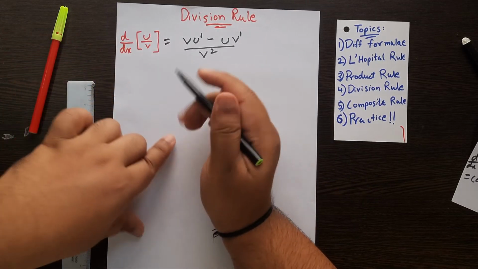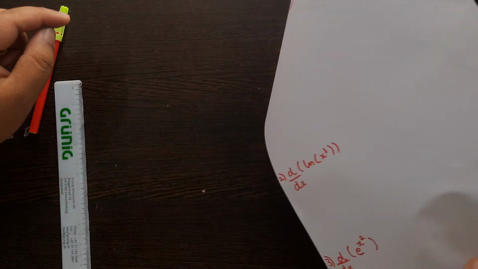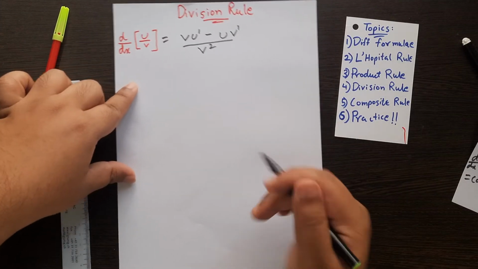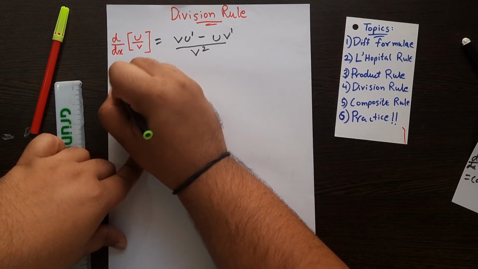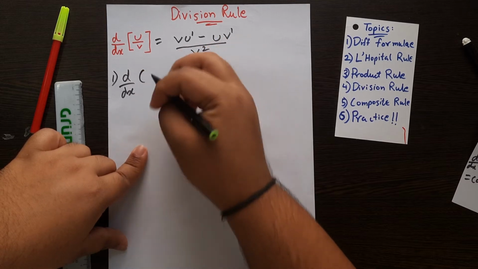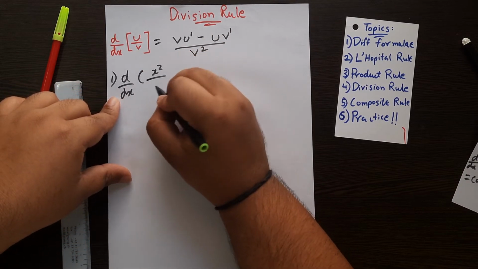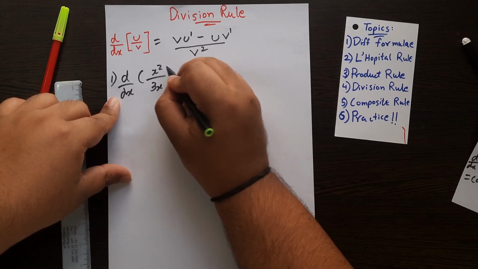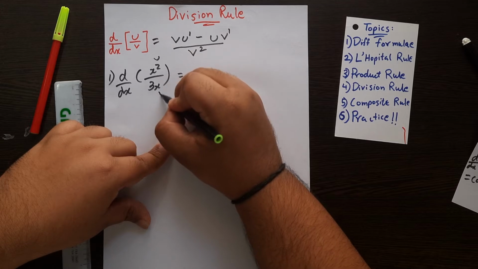Alright, so next. Did I not make any practice questions for that? Okay, I'll just make some random practice question. Suppose we take d by dx of, let's say, x square by 3x. First we'll do a simple one. So this will be my u term, this will be my v term.